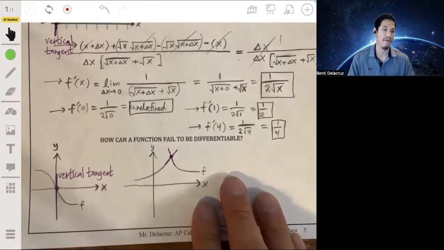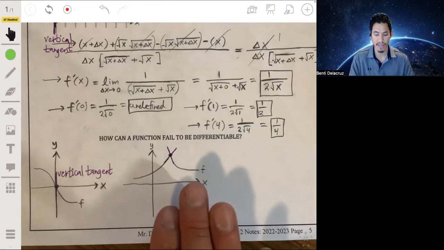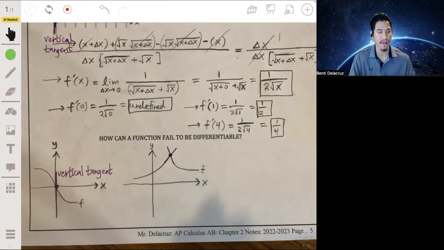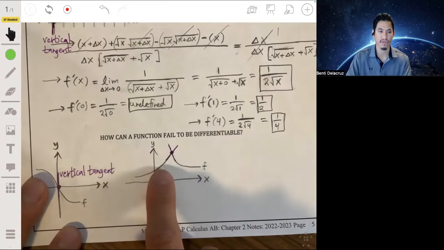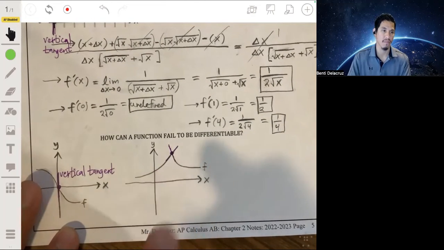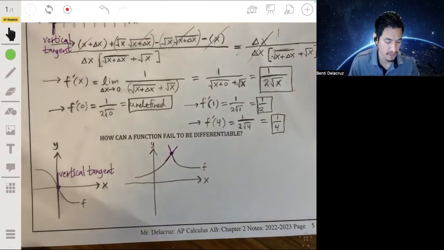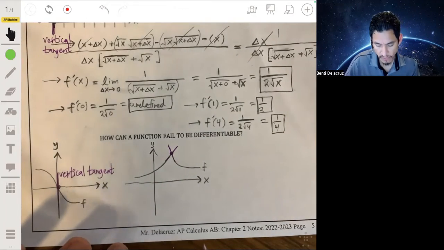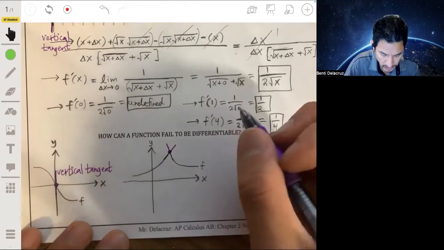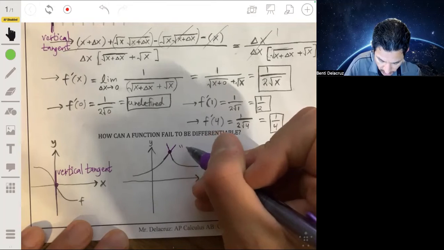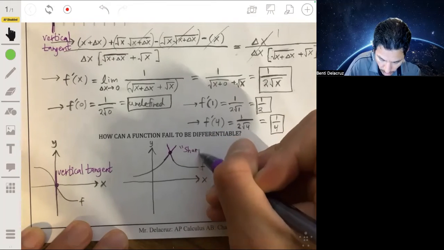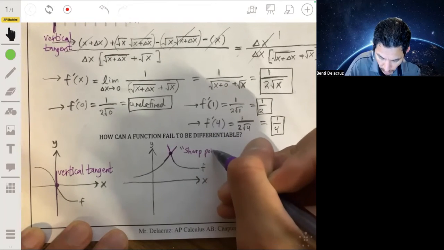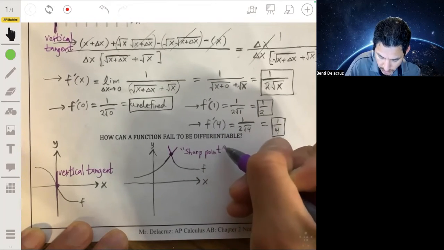So even though the graph of the function is continuous at that point, the right hand and left hand slopes aren't equal. So the function fails to be differentiable here. We like to think of this as a sharp point. That's how I usually explain it to my students.